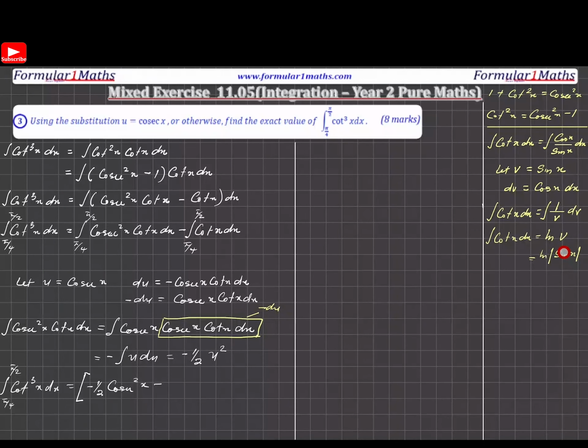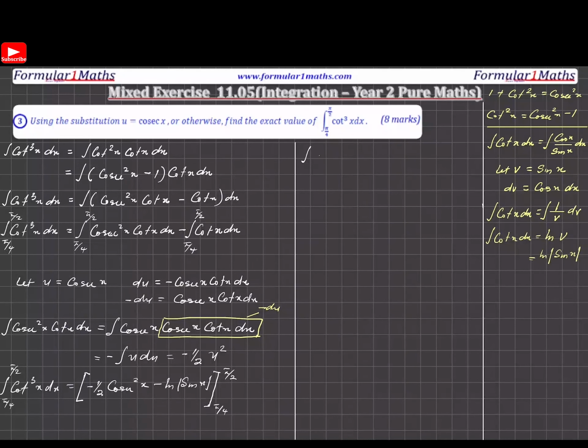So let's put that one in, ln sine x, and then we can put our limits in. That will be pi on 4 and pi on 2. But cosec x is the same as 1 over sine x. So I can write the whole of this equation using sine as follows.